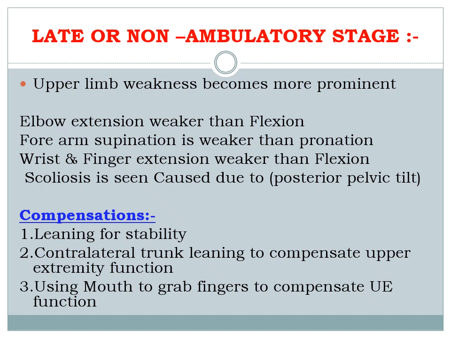Compensation: leaning for stability. Contralateral trunk leaning to compensate for upper extremity function, and using the mouth to grab fingers to compensate for upper extremity function.